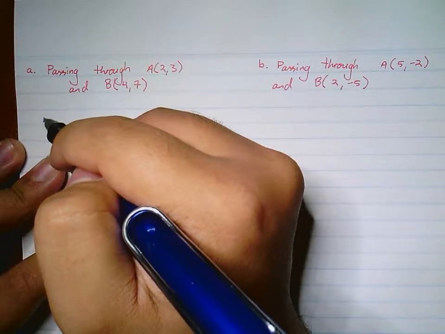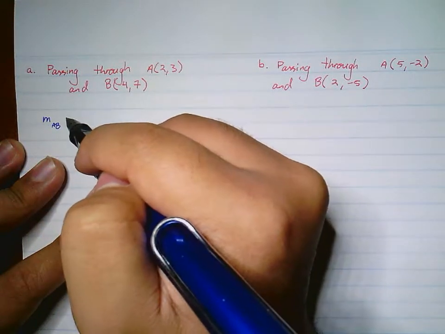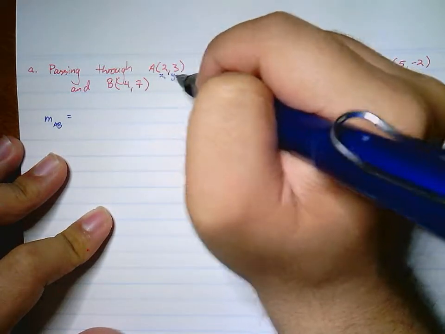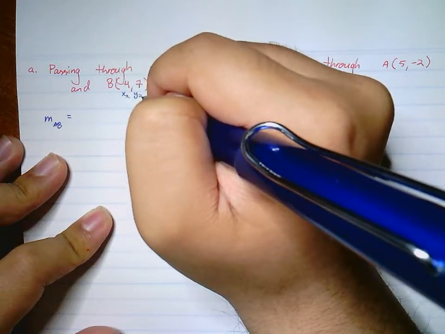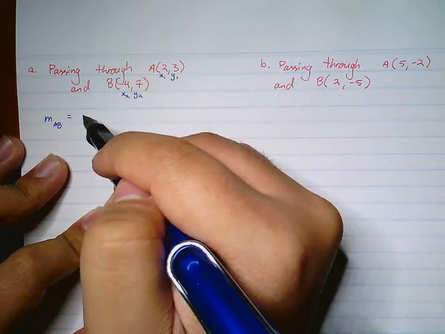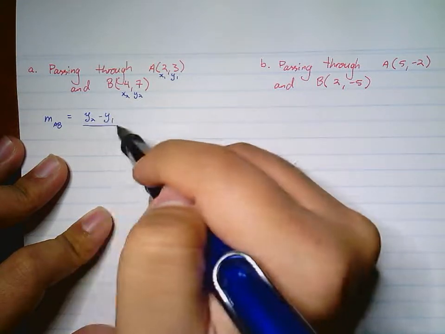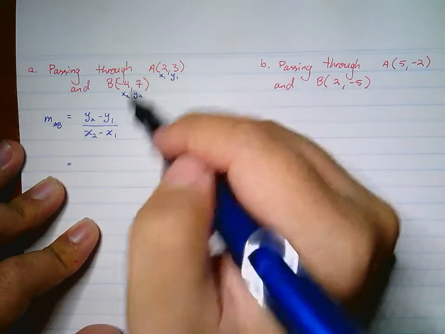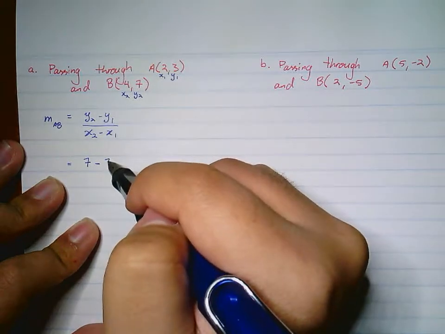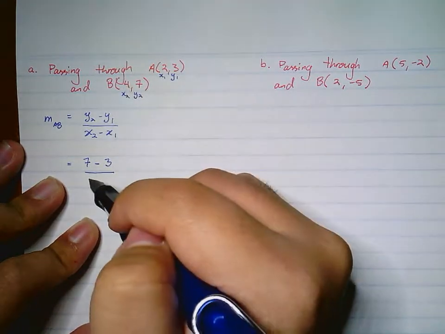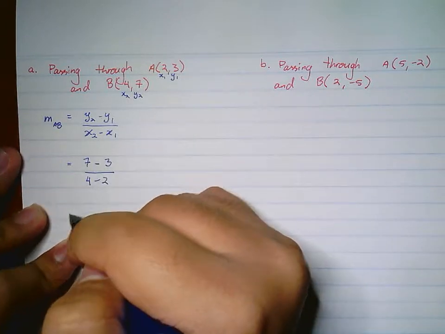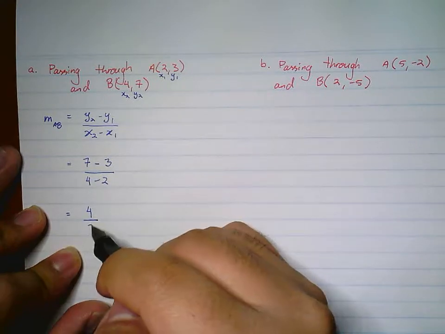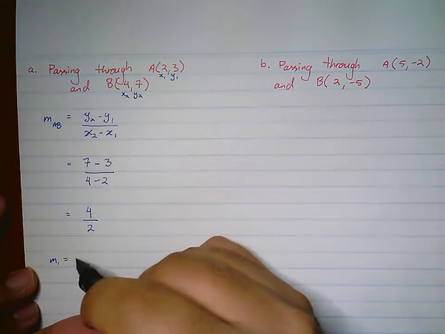So we say m, the gradient of AB, is equal to, that's our x1, y1, that's our x2, y2. The gradient is y2 minus y1 over x2 minus x1. So using this formula we get 7 take away 3 over 4 take away 2, which gives us 4 over 2, so our gradient m1 is 2.